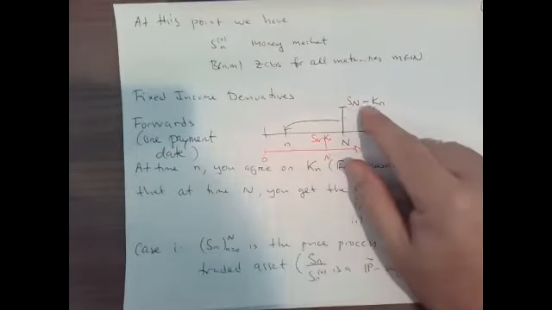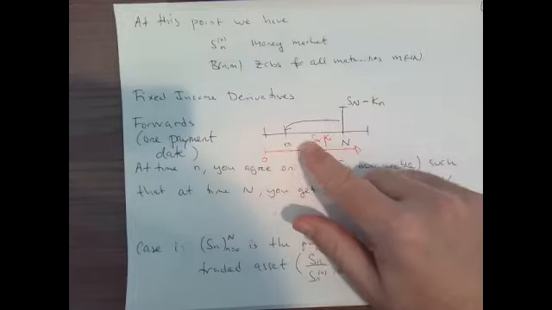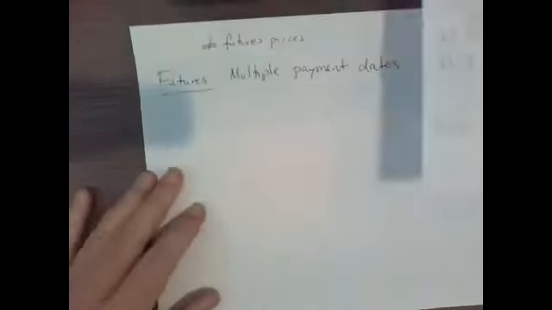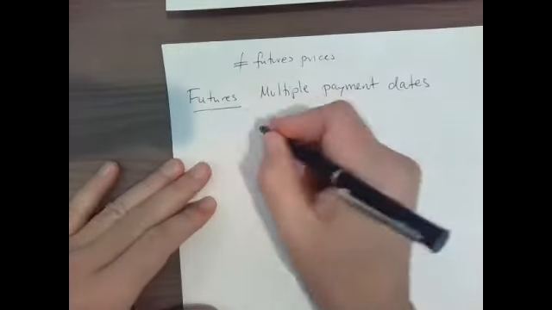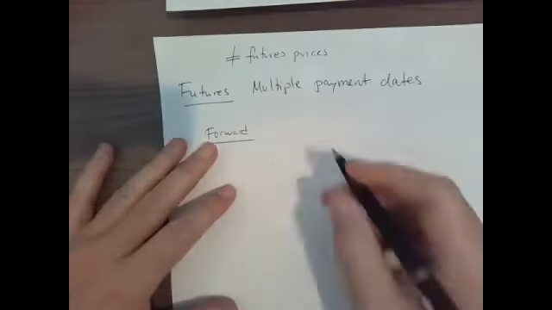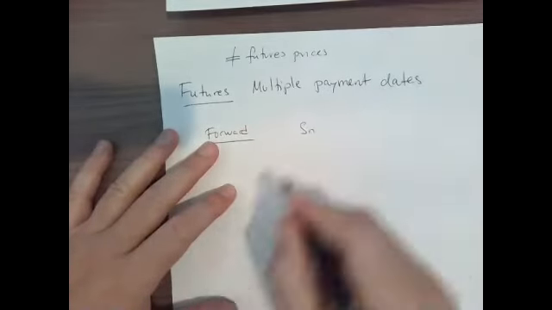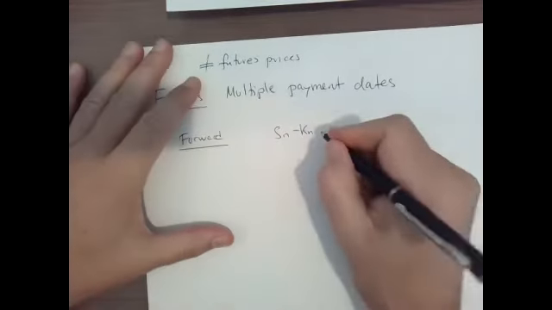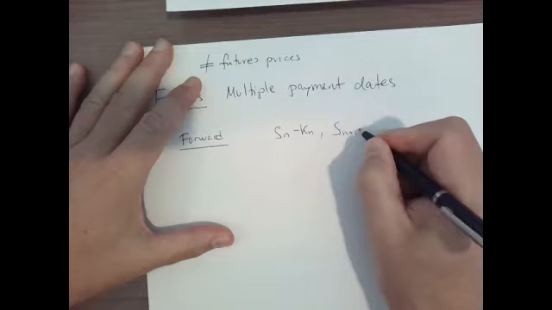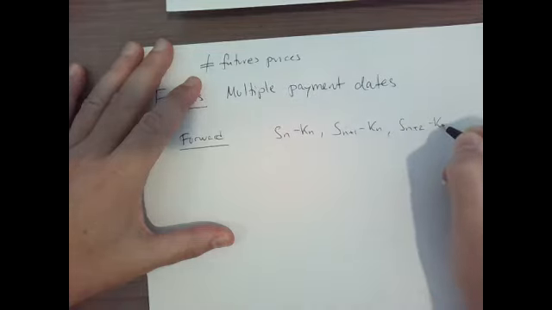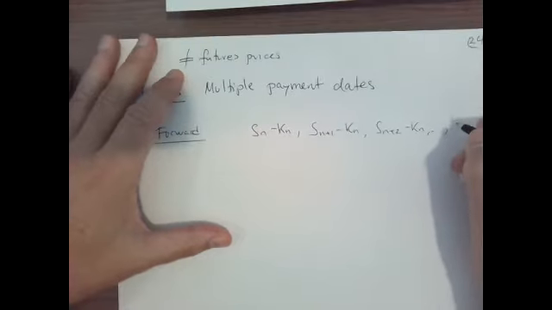Just imagine that this difference here, as you move along, this difference could widen up. So you could look at it with the forward. With the forward, right? You're interested in this difference, and then it becomes Sn plus 1 minus Kn. Then it's going to become Sn plus 2 minus Kn, and so on, all the way up to Sn minus Kn.